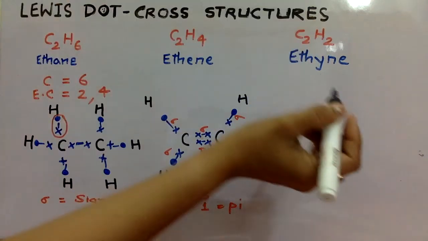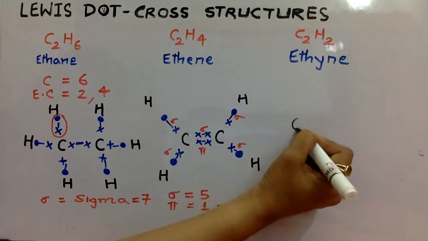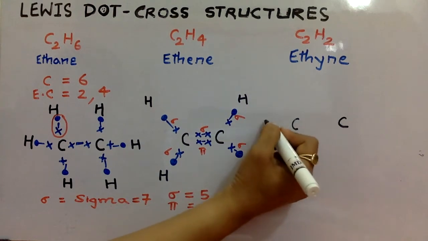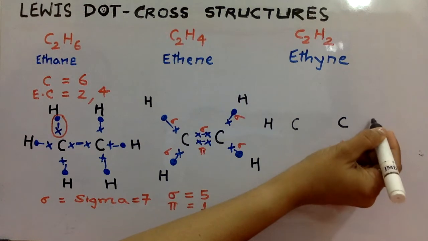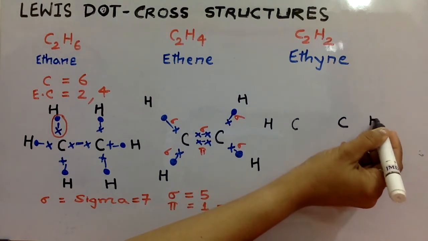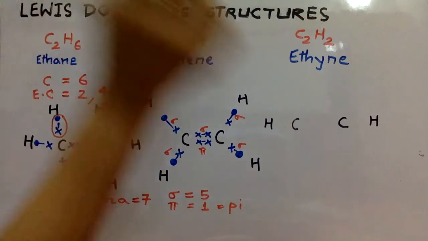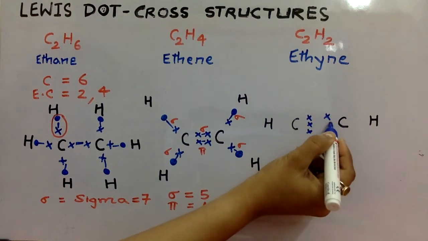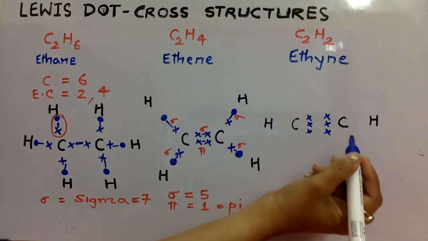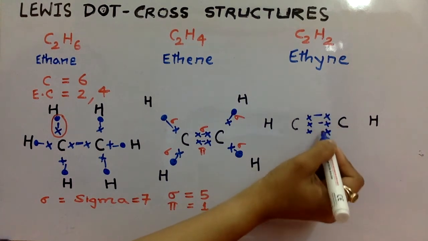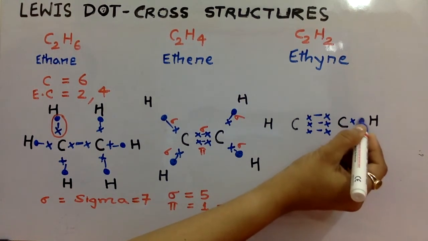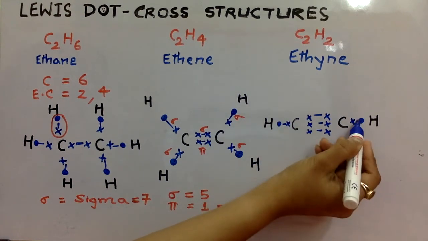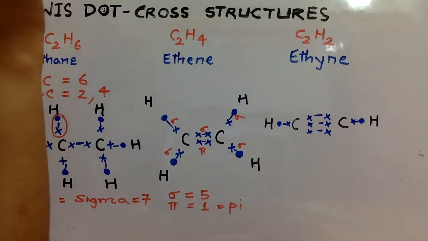Similarly, we move to the next structure, that is ethyne. Here and H over here. Now there is a triple bond, so 3 electrons of each carbon make the triple covalent bond. The remaining one electron of each carbon is shared with a hydrogen atom like this.